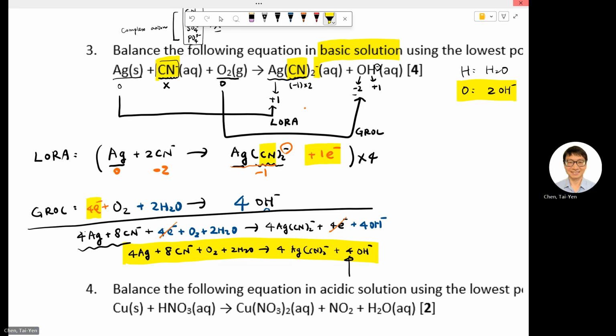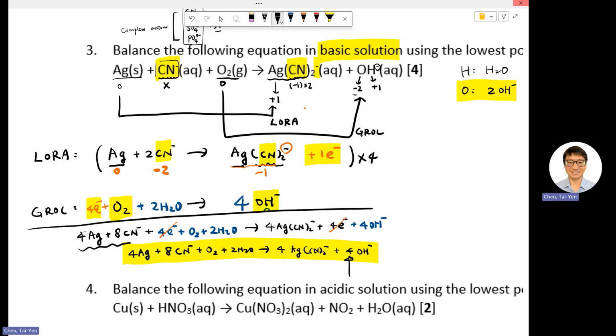Second is that if you encounter this situation where your OH minus is part of the species inside your reaction in the basic solution, what you do is first look at, in this case, the reactant side, you have O2. Then you first think about how many OH minus you will need. Since you have 2 O2, therefore you're going to have 4 OH minus.